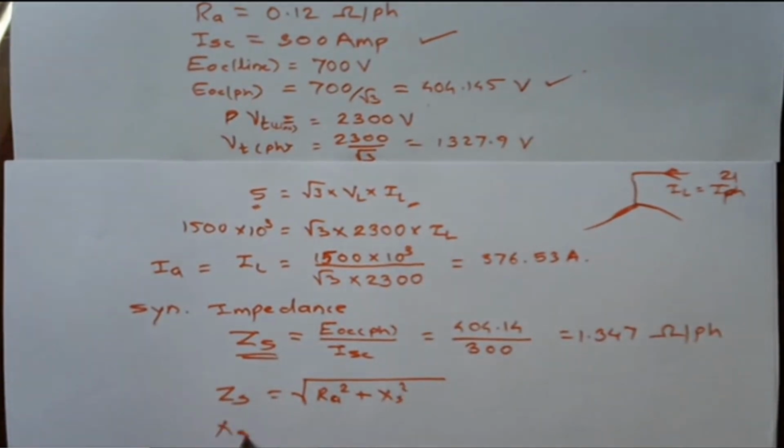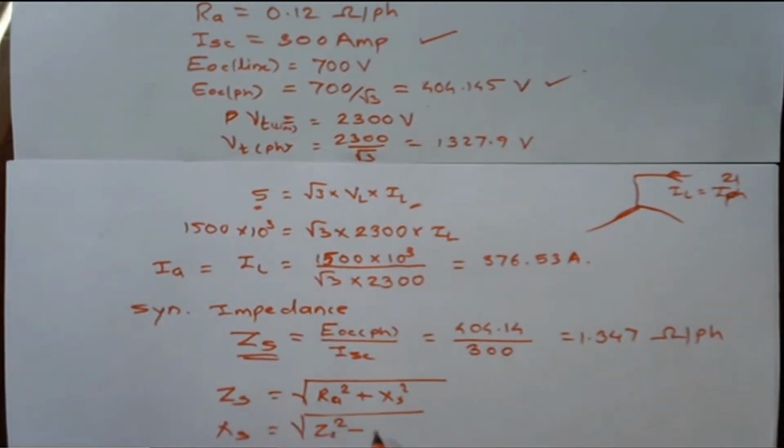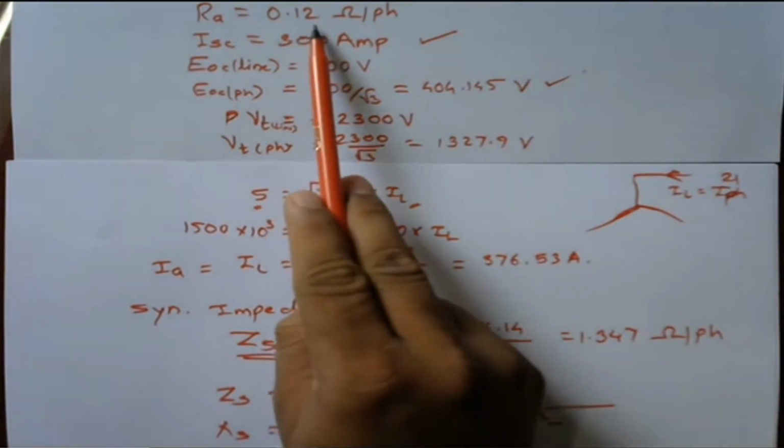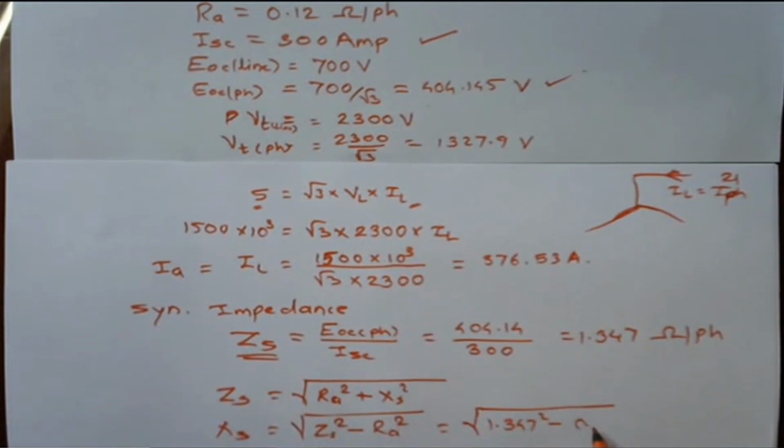So from this formula, what is XS? It is the square root of ZS square minus RA square. So let us calculate: 1.347 square minus RA, which is 0.12, square. Calculate it.